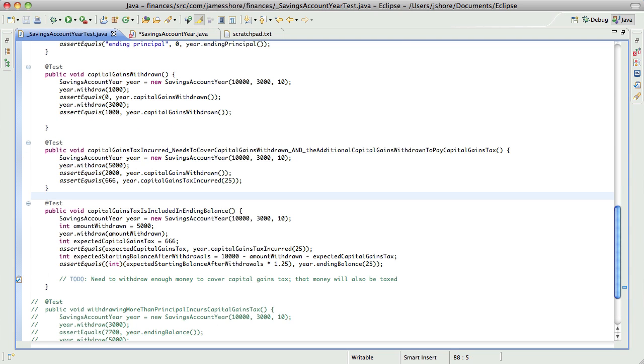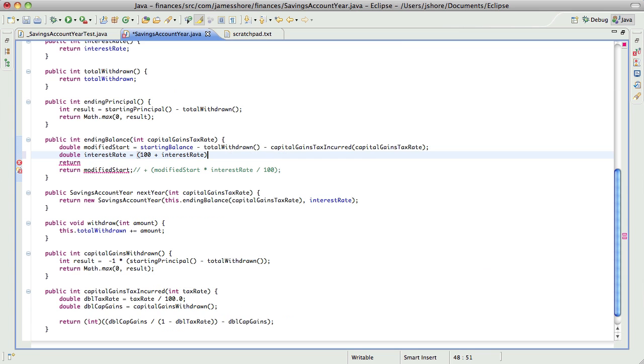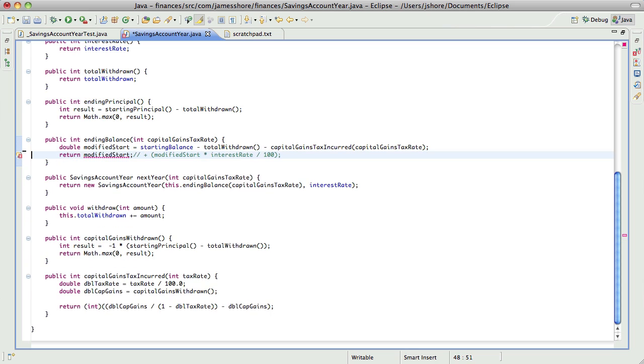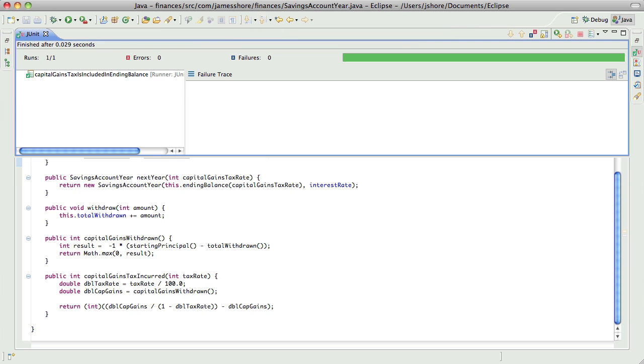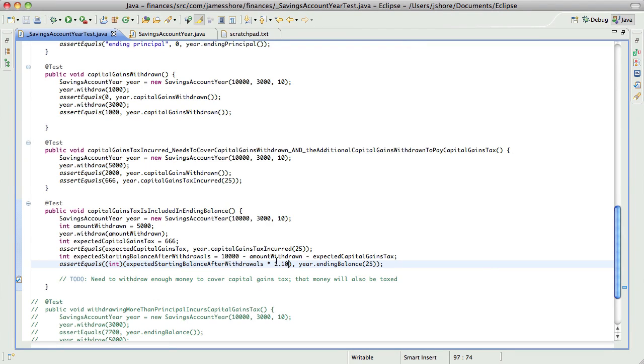Oh, well there's the problem. Our interest rate isn't 1.25, it's 10%. And I'll bet you if I come back in here and put everything back the way it was, that will work. Yeah. Okay, so the error was in my test.